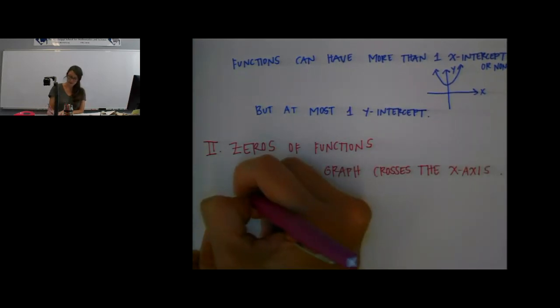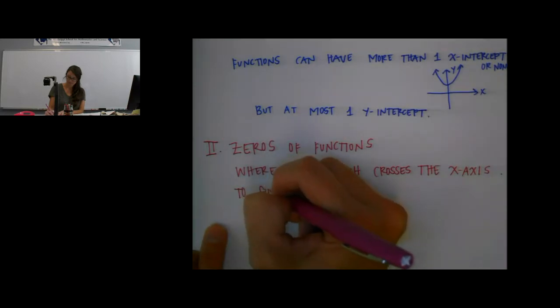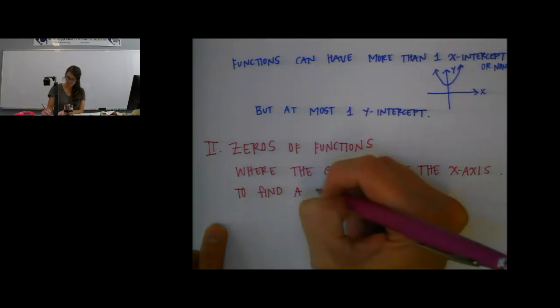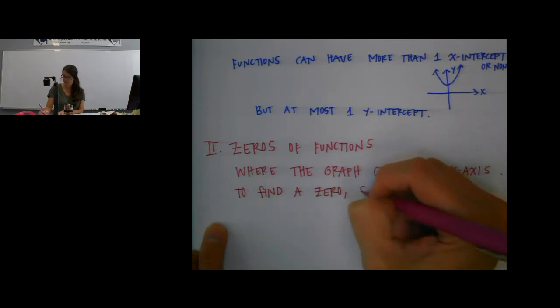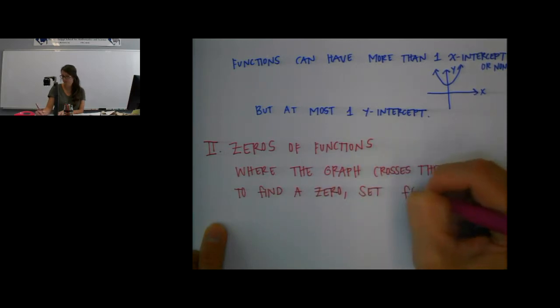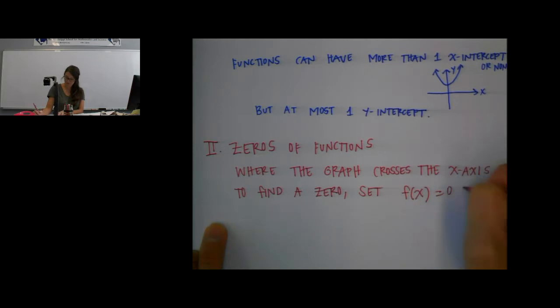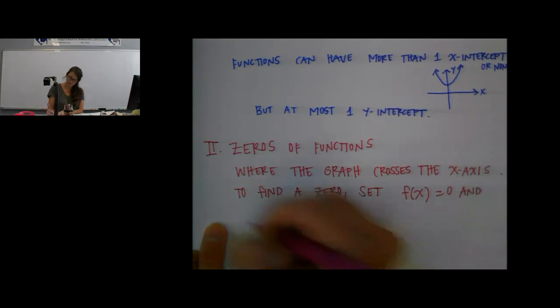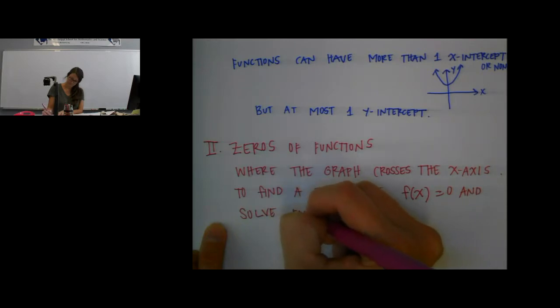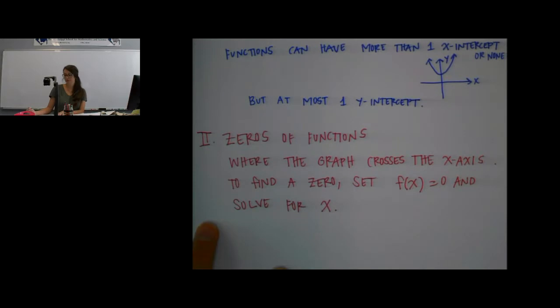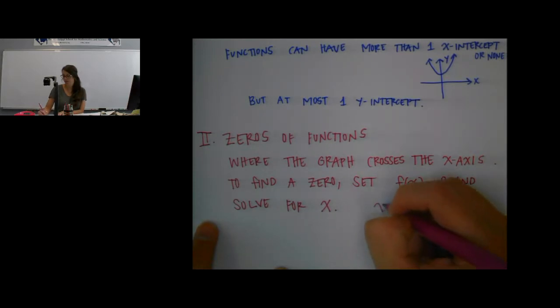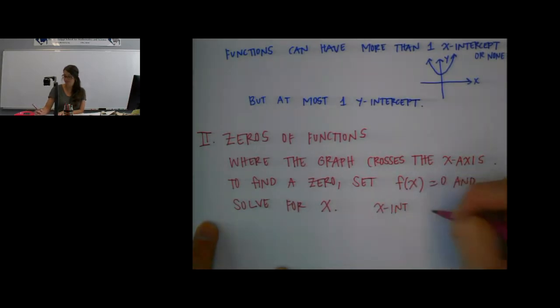So to find a zero, set the function equal to 0 and solve for x. Okay, so zeros of functions are basically the x-intercepts.